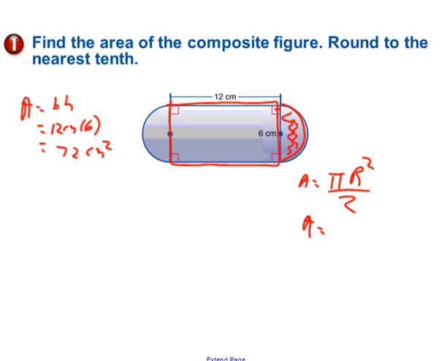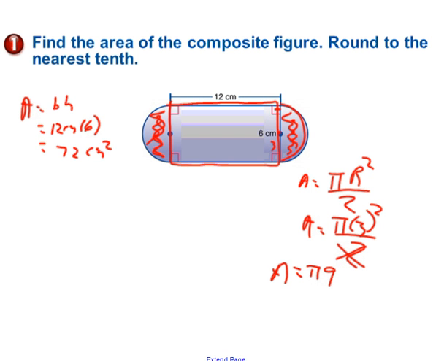So area is equal to pi times the radius. Well, this side is 6, so the radius here would be 3, times 3 squared over 2. But you know what? I think I am going to save that divide by 2 because I've got the same shape over here. So I'm going to skip the divide by 2, and I'm going to say area of both of those semicircles added together is equal to pi times 9.